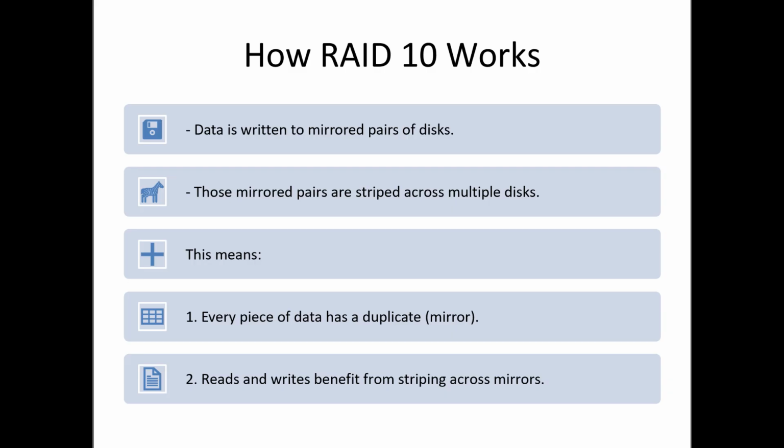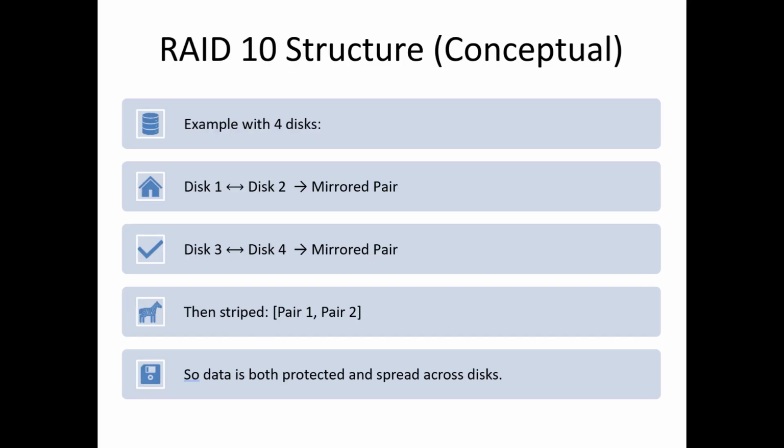Now we will apply RAID 0 across these pairs. That is, every block of data that comes, we will split those blocks across these two pairs. Say data block A comes. Data block A will go to disk 1 and will be copied to disk 2. Then data block B comes.